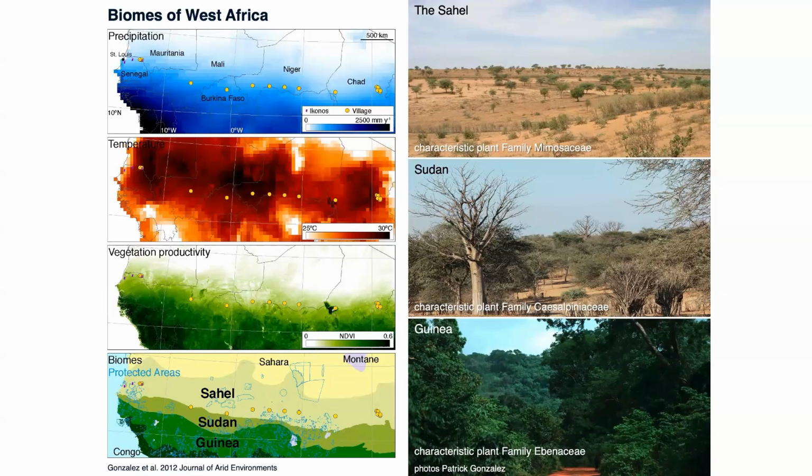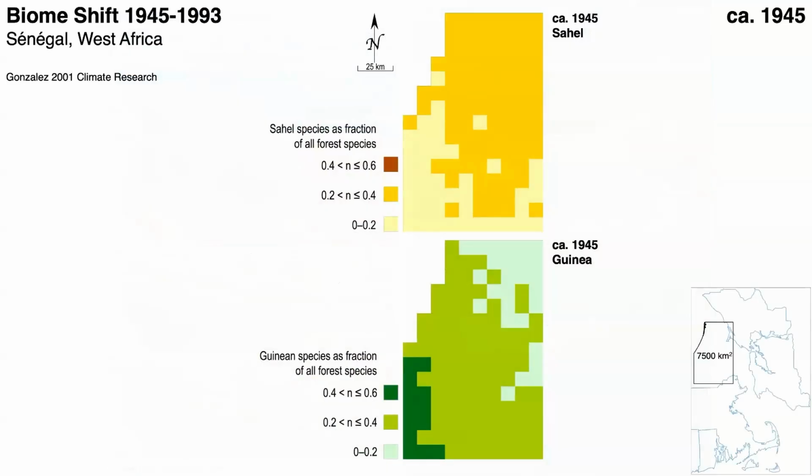And that's caused by these gradients of increasing precipitation, decreasing temperature, so increasing vegetation productivity, and those differentiate the vegetation into these latitudinal biomes. And my research showed that anthropogenic climate change was shifting those biomes.